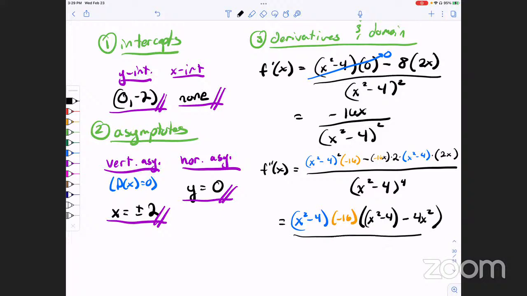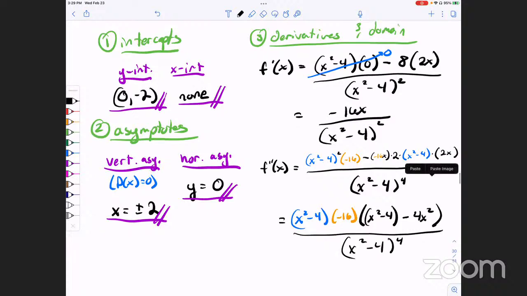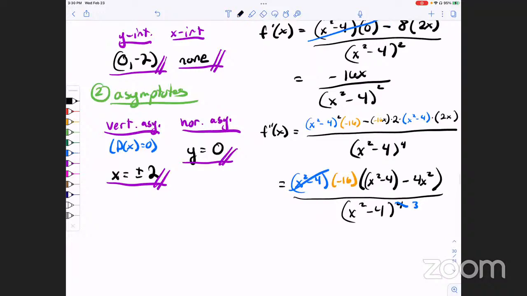And then we still have this x squared minus 4 to the power of 4. So at that point, this can now cancel one of these, turn this into a 3. Most that we could do. This negative 16 x squared minus 4x is a negative 3x squared.